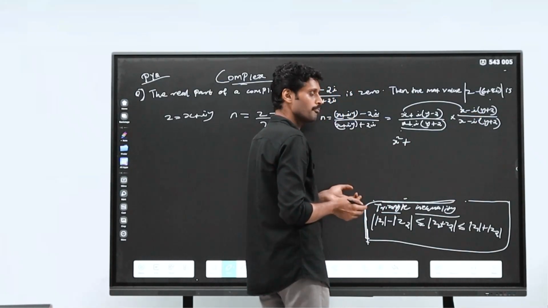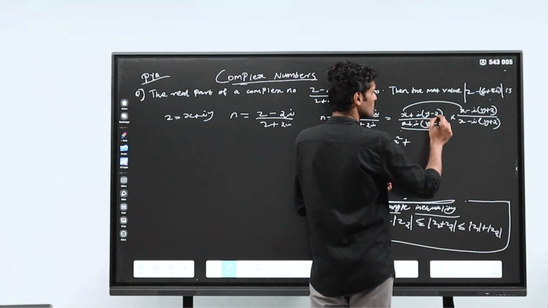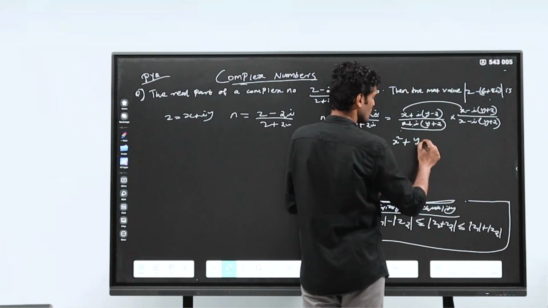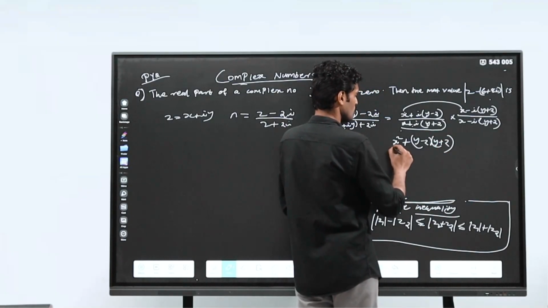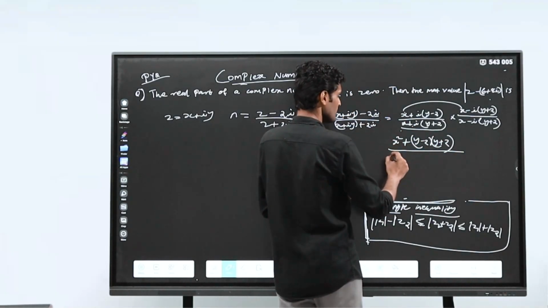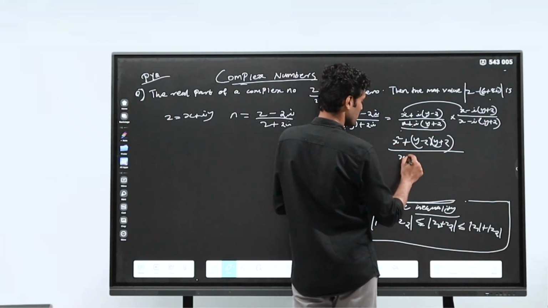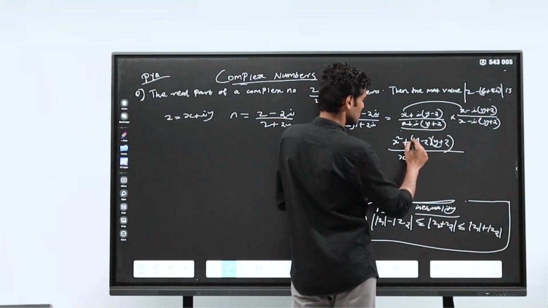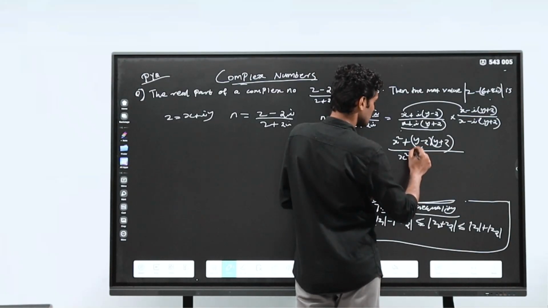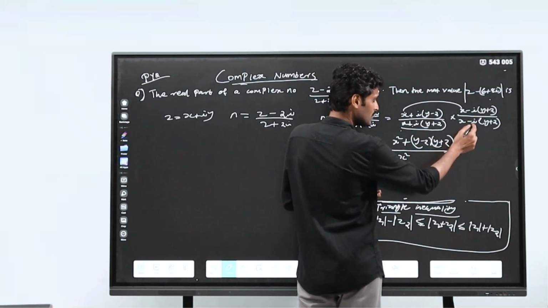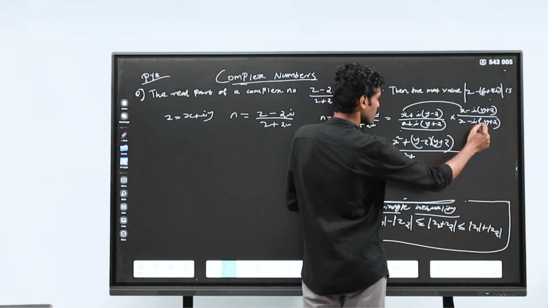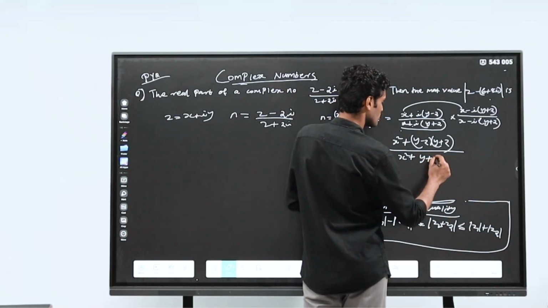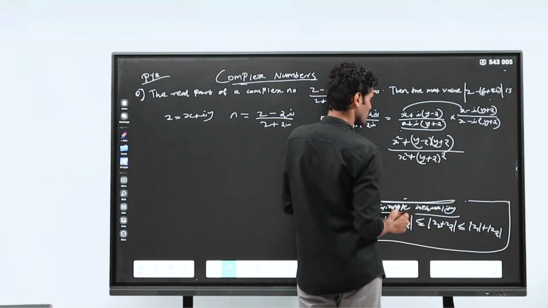So the sign will be plus, then (y − 2)(y + 2), divided by, again in the denominator, x square, i into i square is minus 1, minus minus is again plus, (y + 2)(y + 2), that is (y + 2) whole square.